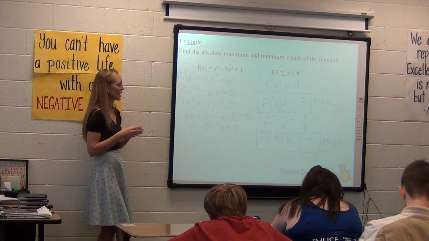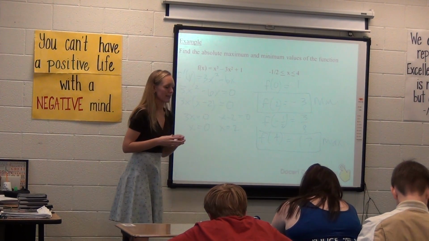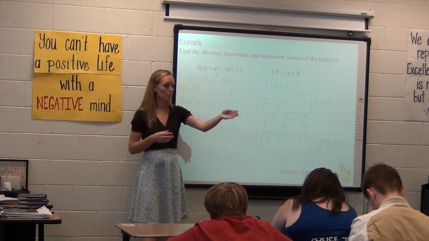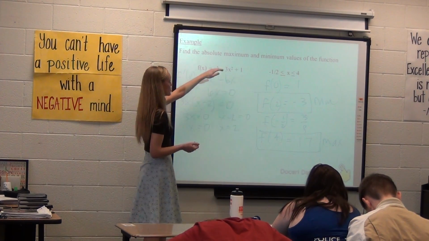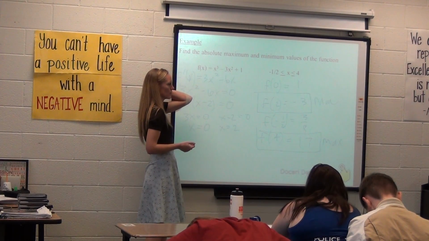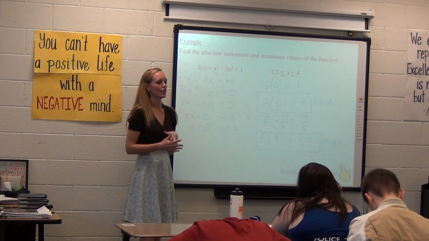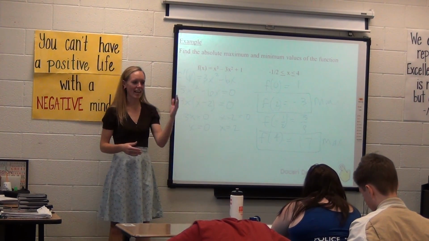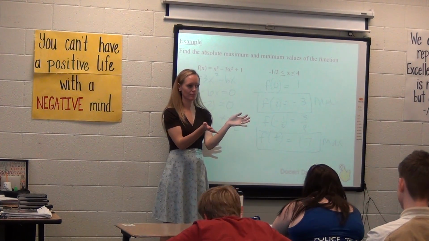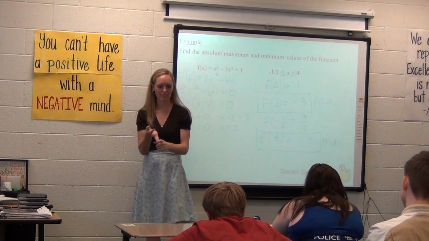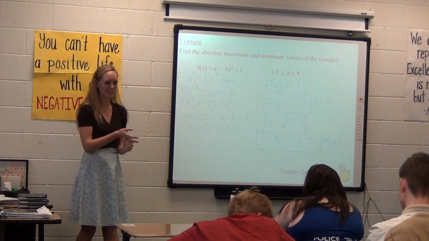Once we've identified these critical numbers, then what? Plug them into the original function, so make sure you're always going back to the original function. Then what? Endpoints. And then once you have all of that information, what are you looking for? Highest and lowest. Did we get this process?